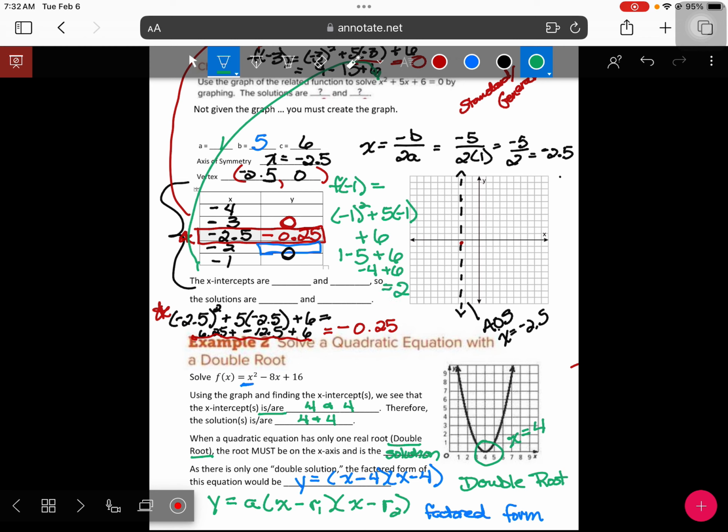So when x is negative 1, my y-coordinate is 2, which means when I have negative 4 as my x-coordinate, it also should be 2 because we're talking about parabolas.